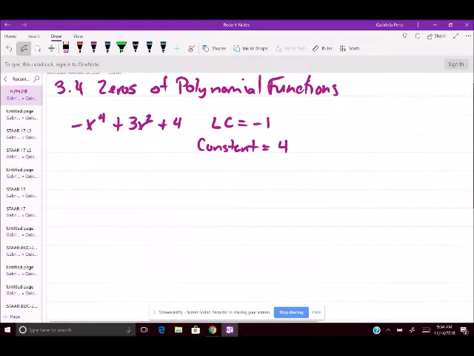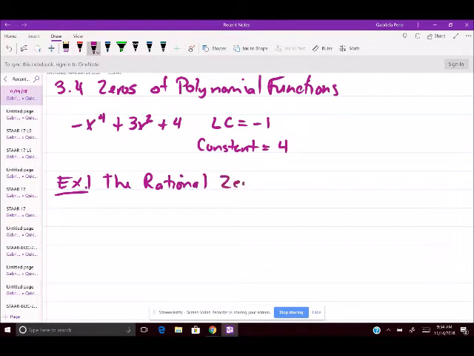So if we look at the first example, it says the rational zero theorem is used to find... what kind of numbers are rational numbers? Do you remember?